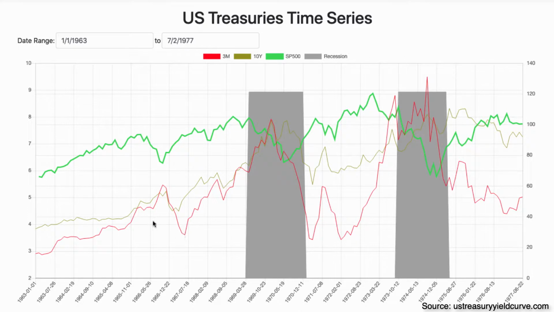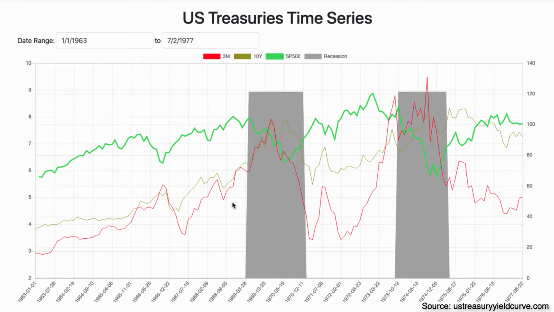So this steeply rising 3-month Treasury yield means the Federal Reserve is pretty much setting this, causing interest rates to go up from the low 4% or even 3% all the way up to almost 8% in a period of about 2 years.